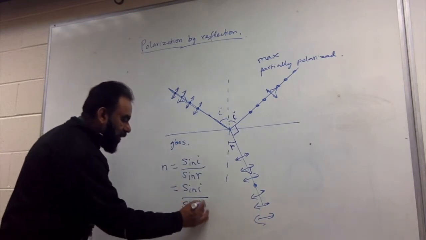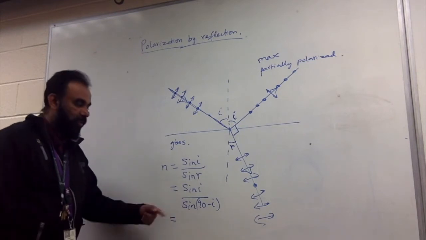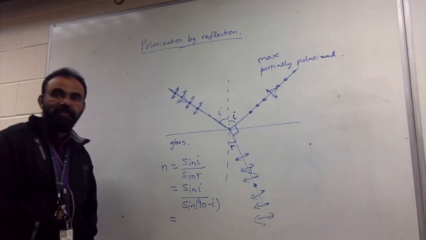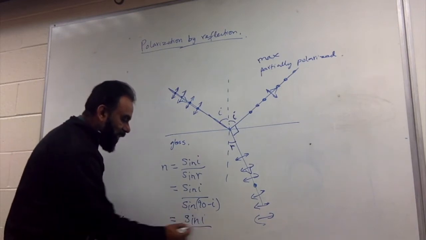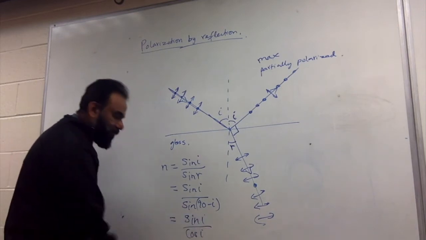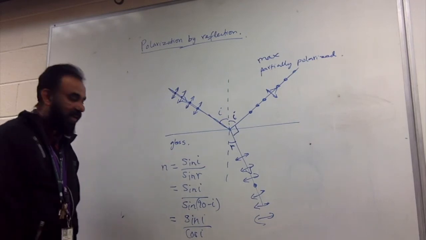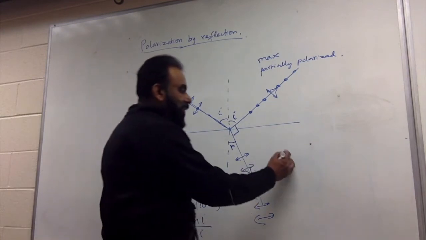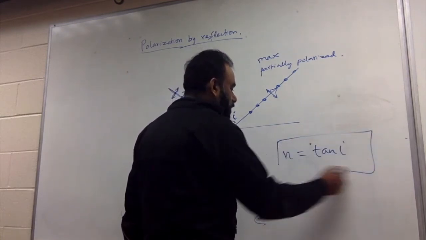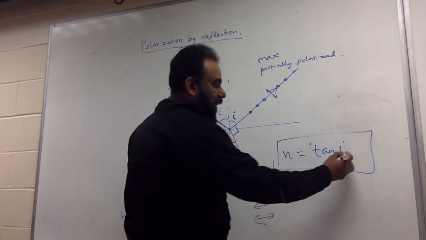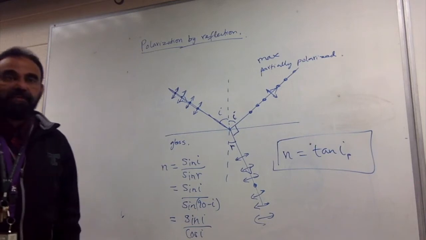Sine of 90 minus I. And you're good at trigonometry, so you know sine of 90 minus I is cosine I. So what you end up getting there is the refractive index n is tan I. So this angle is called the polarizing angle. IP is called the polarizing angle.